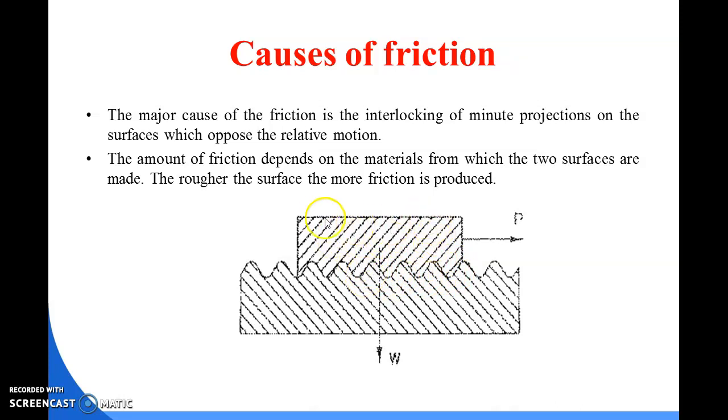And here the upper one is the object. The amount of friction depends on the materials from which the two surfaces are made. The rougher the surface, the more the friction, because due to the uneven surface, more friction is produced.